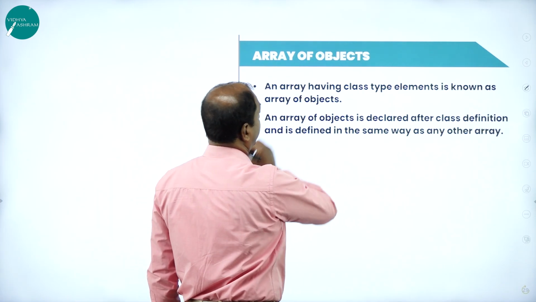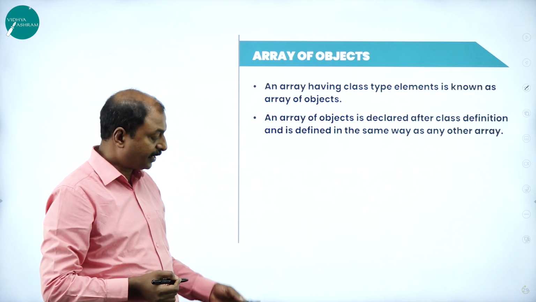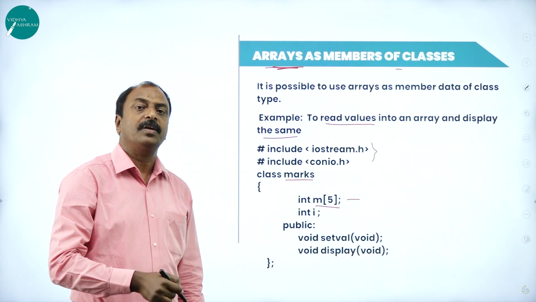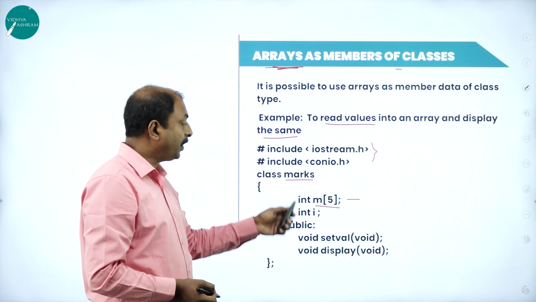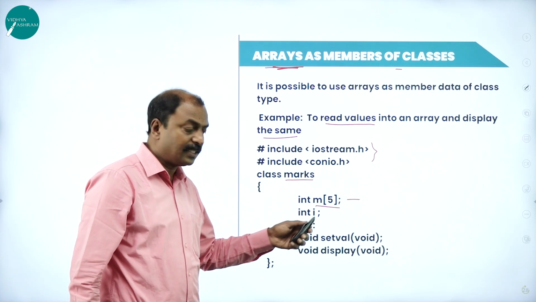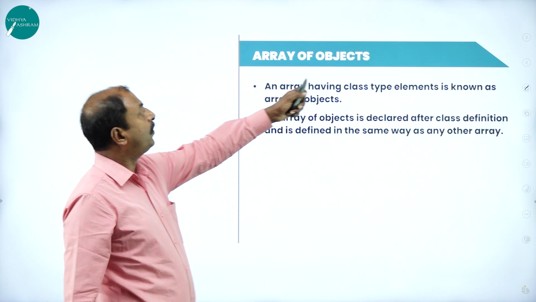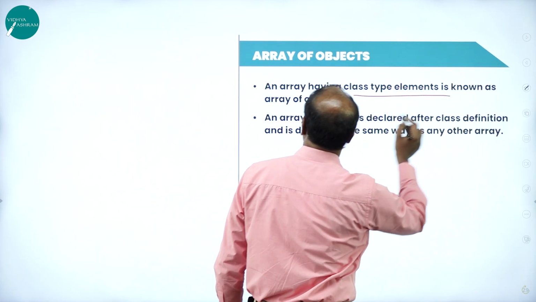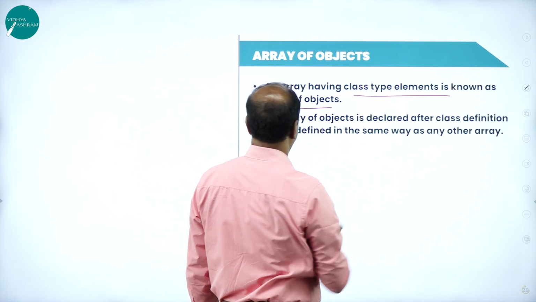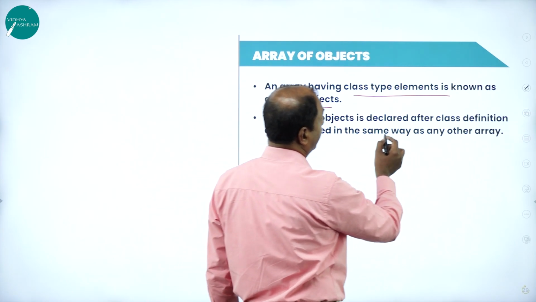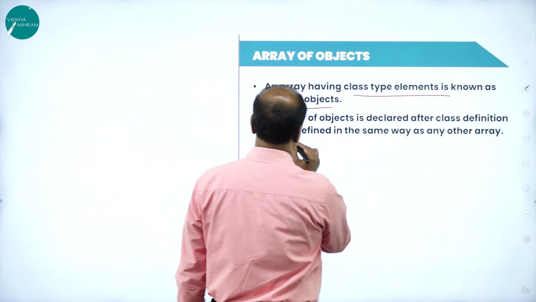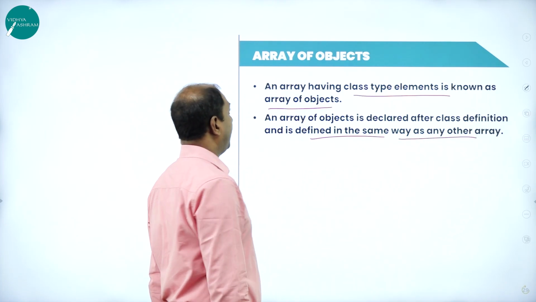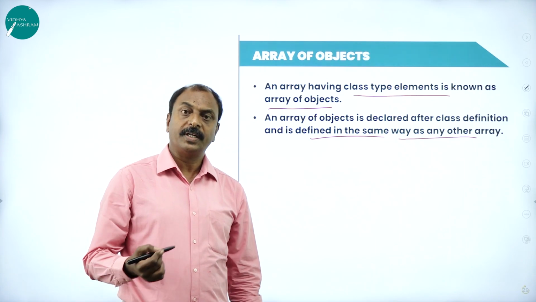Array of objects. We have seen in the previous slide how to work with arrays, declaring and working with an array inside a class. Next one is array of objects. An array having class type elements is known as an array of objects. An array of objects is declared after the class definition and is defined in the same way as any other array. Now you know how to create an object of a class.